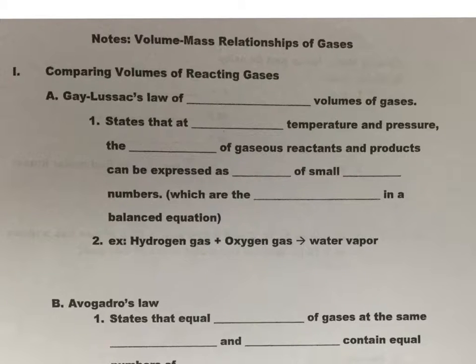Gay-Lussac's law of combined volumes of gases states that at constant temperature and pressure, the volume of gaseous reactants and products can be expressed as ratios of small whole numbers.